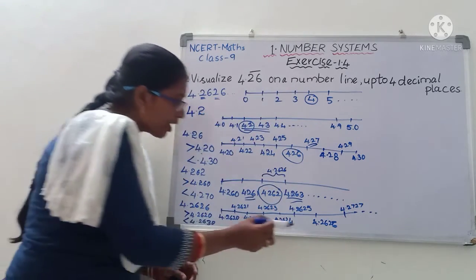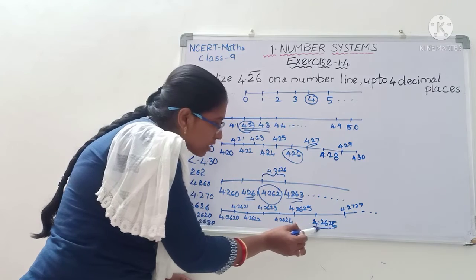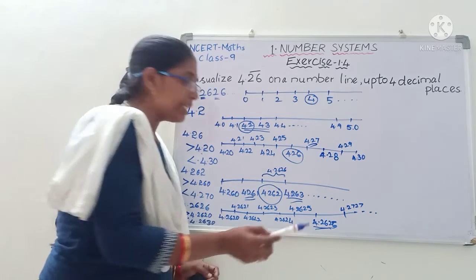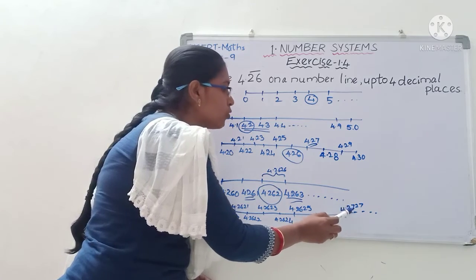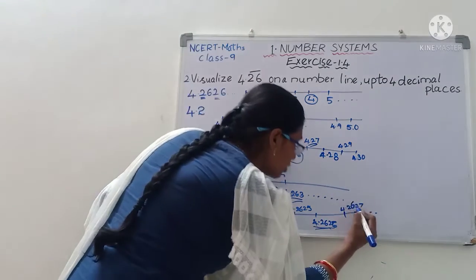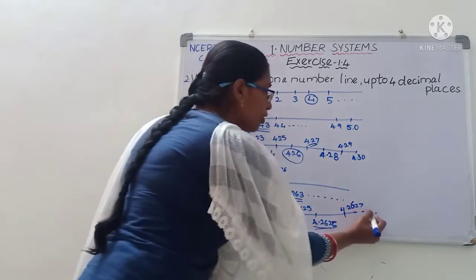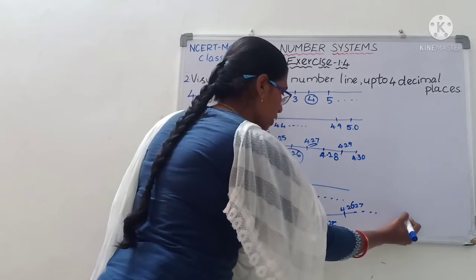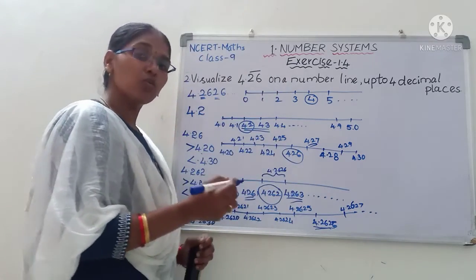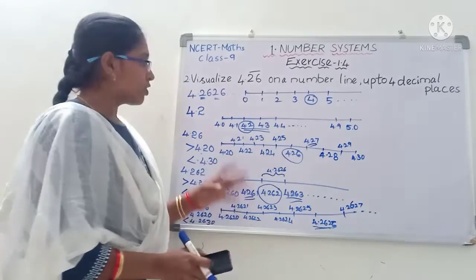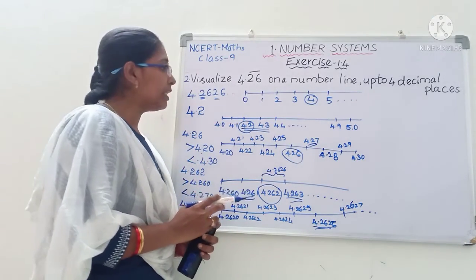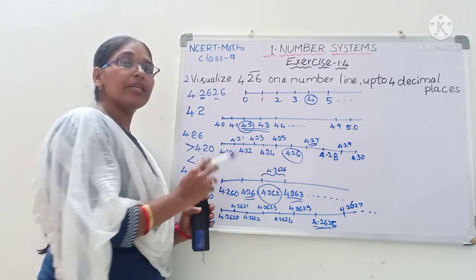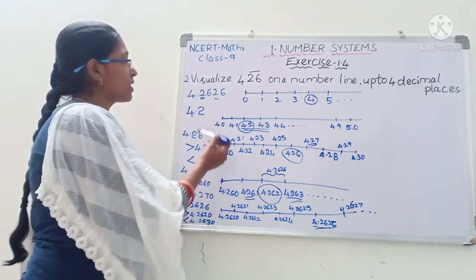So children, now you are able to locate 4.2626 on the number line. It is between 4.2625 and 4.2627. Then you get 4.2628, 4.2629, then you get 4.2630. So children, we use the magnification method and divide the line segment into 10 equal parts and proceed, children.